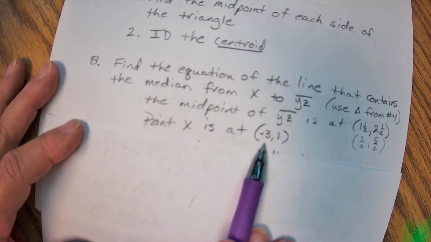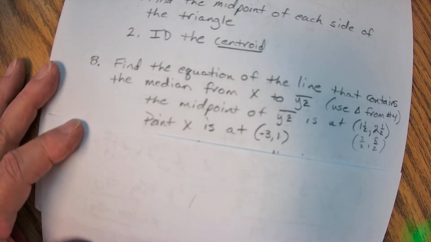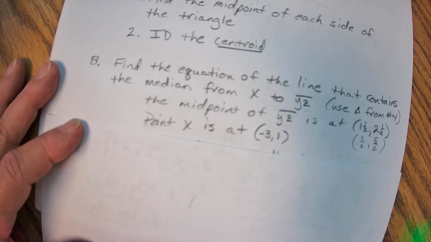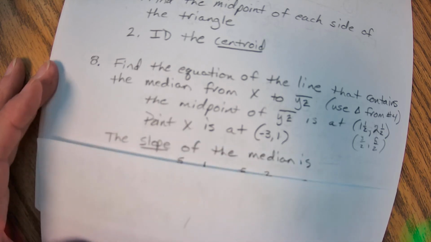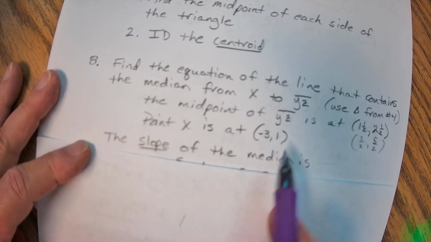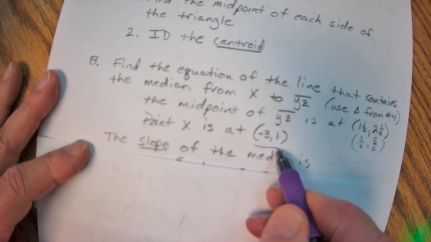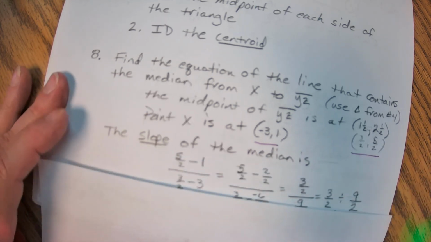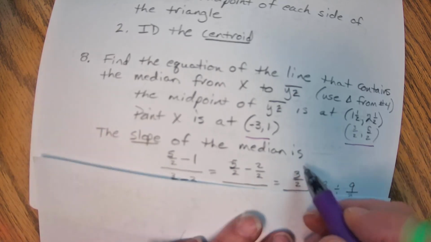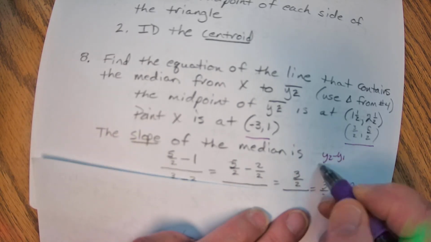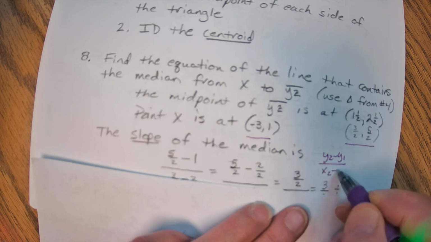And point X, which is the vertex, is at (-3, 1). So I want to know what the slope is of the line that goes from (-3, 1) to (3/2, 5/2). Remember that the slope formula is the second y minus the first y over x2 minus x1.